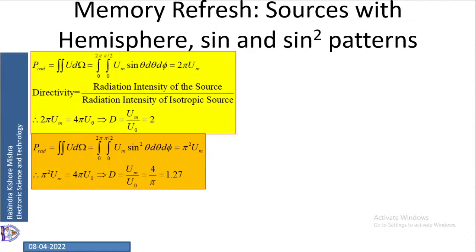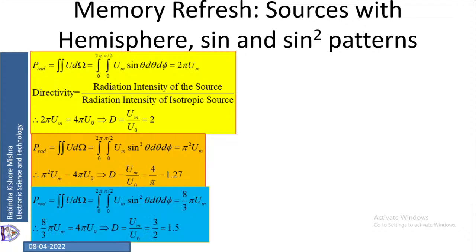From that you can find out D is equal to um by u0, which is 4 by pi, that is 1.27. This is for sine. Similarly for sine square you can find out D is equal to 1.5. Here it is into sine cube theta d phi that you are going to integrate.